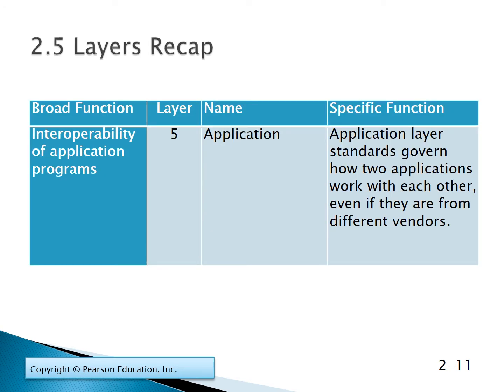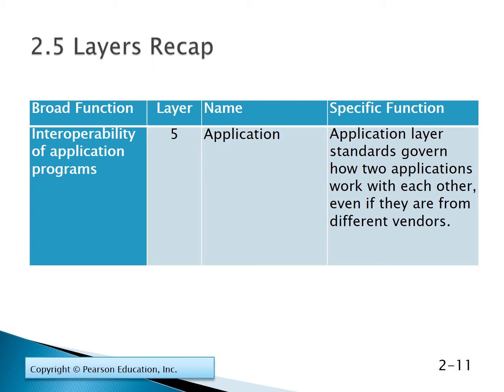So just a quick recap of the 5 layers. Layer 5 is the application layer. It governs how two applications work with each other, even if they are from different vendors. For example, the web browser can be Chrome, Internet Explorer or Internet Edge, or it can be some other browsers from different companies.